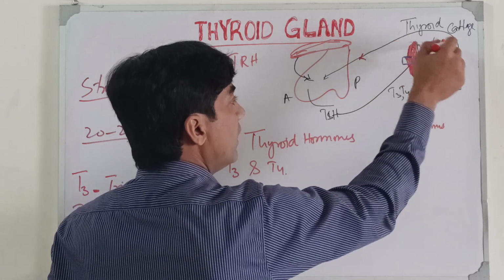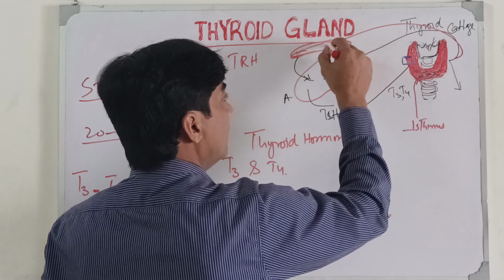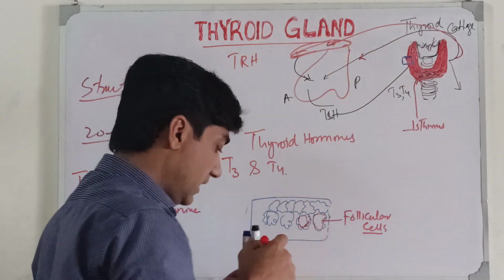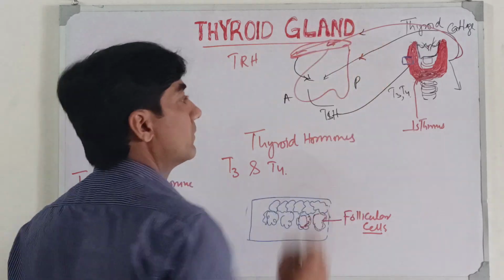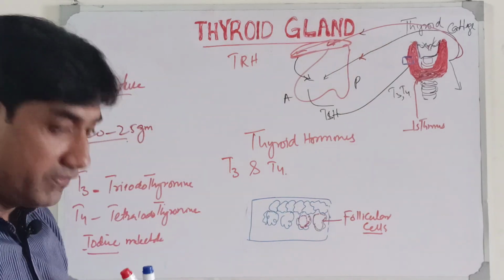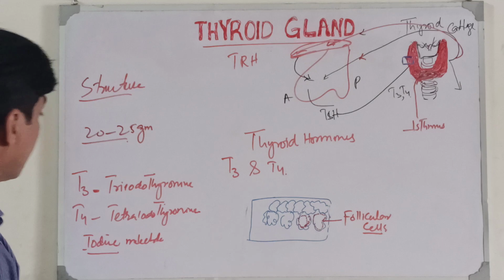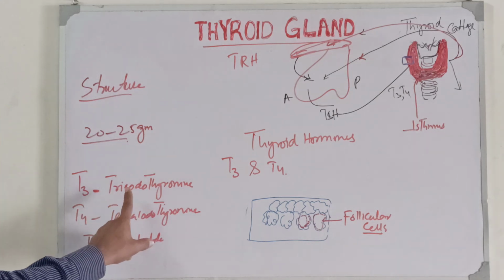It also acts on the hypothalamus and inhibits the TRH secretion through a negative feedback mechanism.